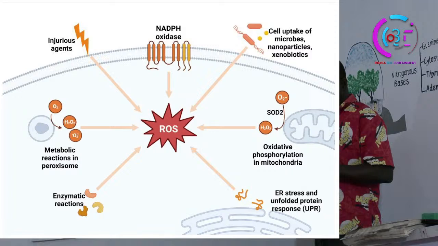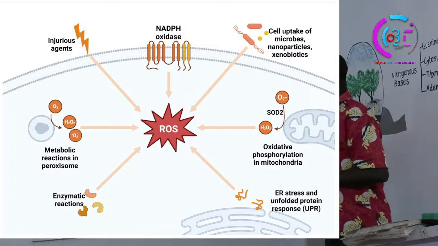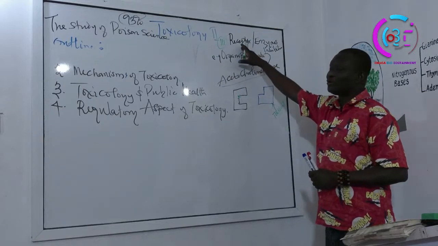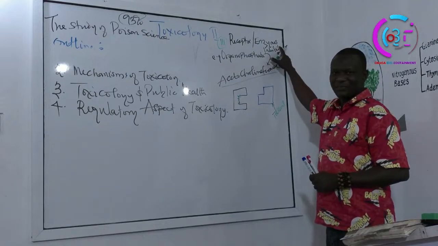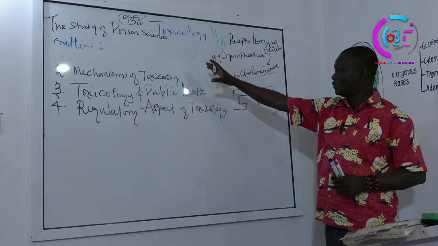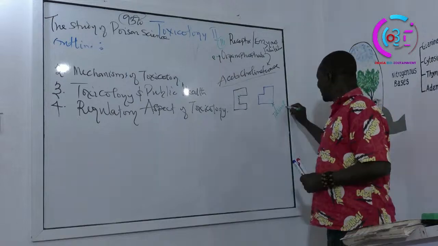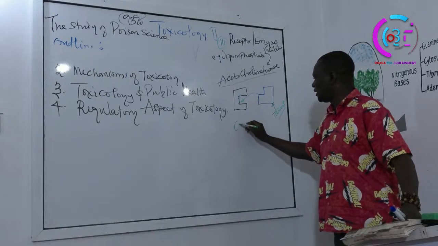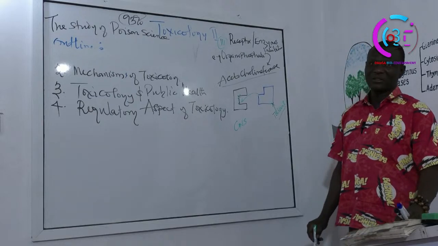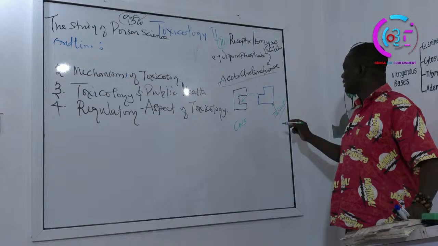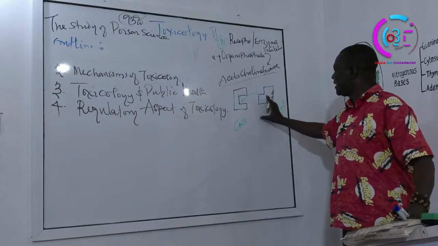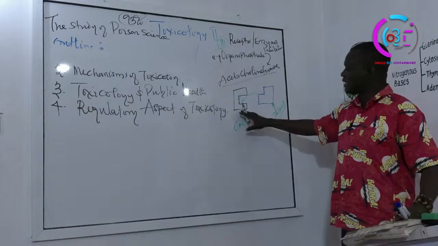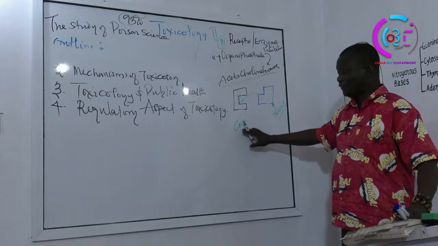If this one is the active site of an enzyme, and this one coming is a toxicant, don't forget that we are talking about the receptor and enzyme inhibition pathway by a toxicant. This toxicant, this substance, is going to compete for the same active site on this enzyme. Let's say this is an enzyme found in the central nervous system, and toxicants come up with a structure very similar to the normal binding partner of this enzyme, acetylcholinesterase, that we have in the central nervous system.